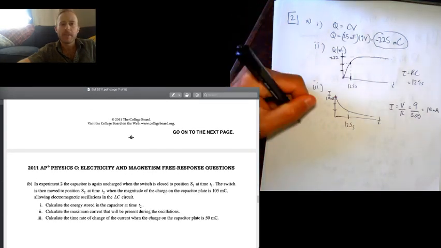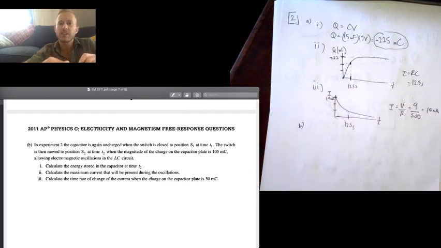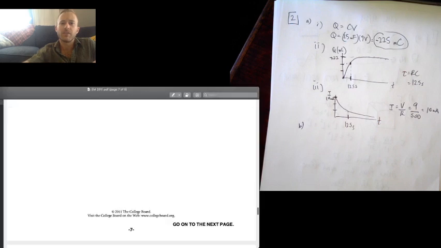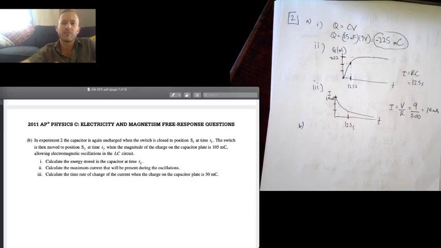Part B. In experiment 2, the capacitor is again uncharged when the switch is closed to position S1 at time 0.